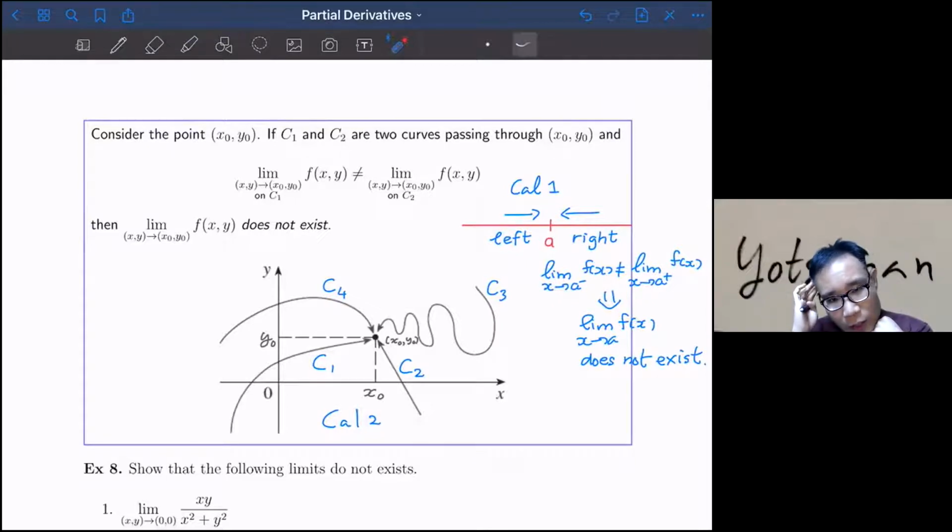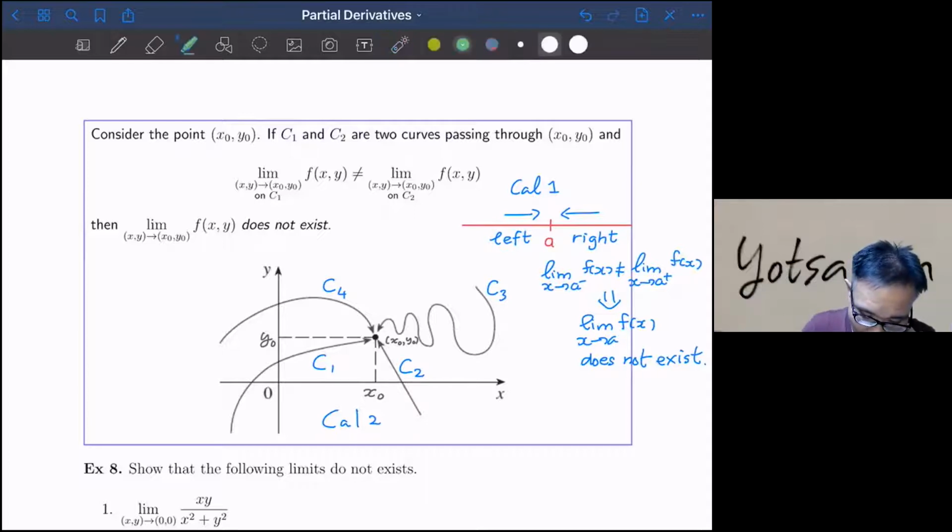So in this case, if you are able to show that you have two directions, C1 and C2, along which the limits are not equal to each other, then you are able to conclude the following. Let me just box this one.